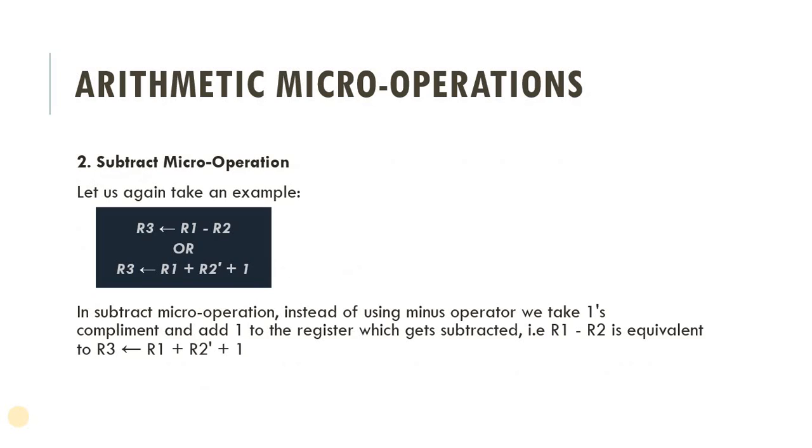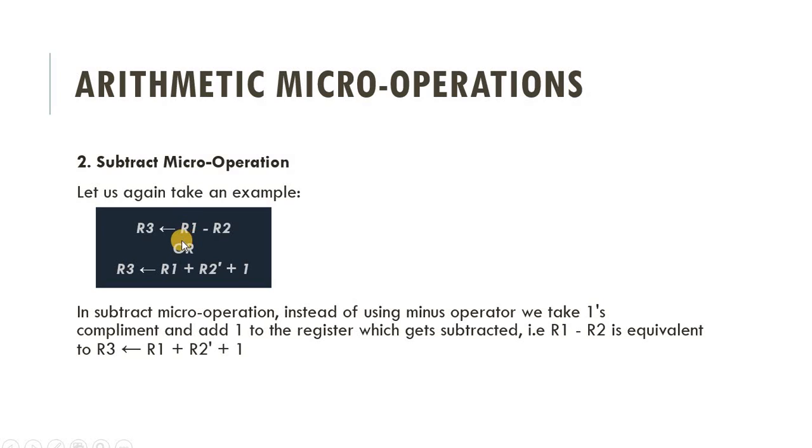Similarly, suppose I want to subtract the data of register R2 from register R1, then we'll write R1 minus R2. But when we are actually implementing this on a computer system, it cannot be done directly. For that we have to calculate the one's complement of the register and then add 1 to it. In this figure you can see that the data of register R2 is subtracted from register R1.